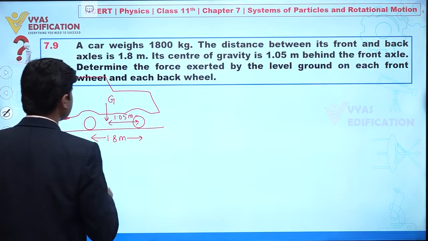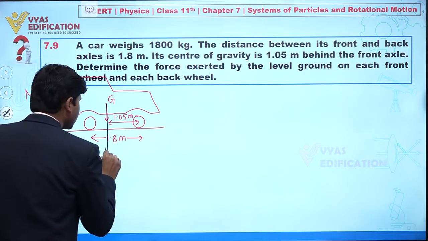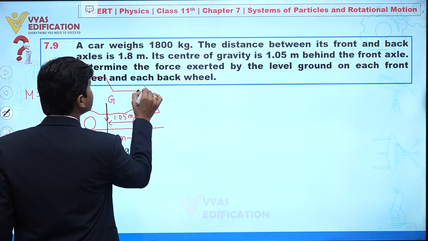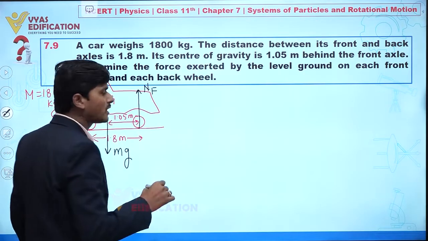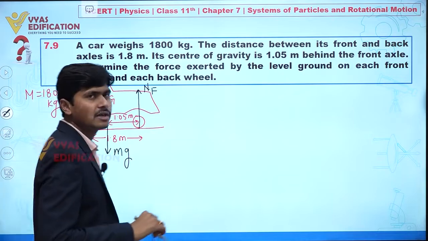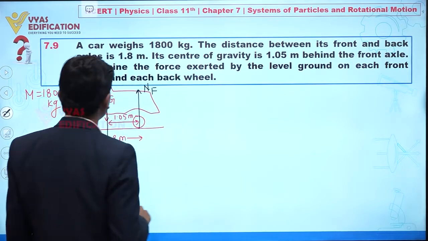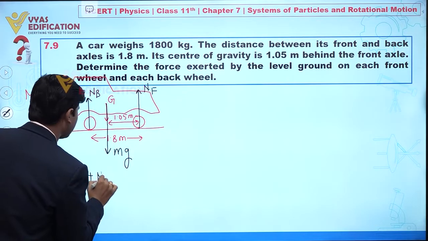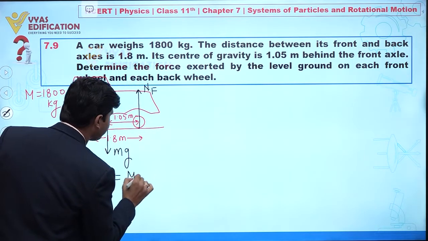So we can say definitely one force acting here is mg. Let's suppose this is reaction force exerted on a front wheel, NF, and this one is back wheel, NB. So now first I am writing here NF plus NB should be equal to mg.